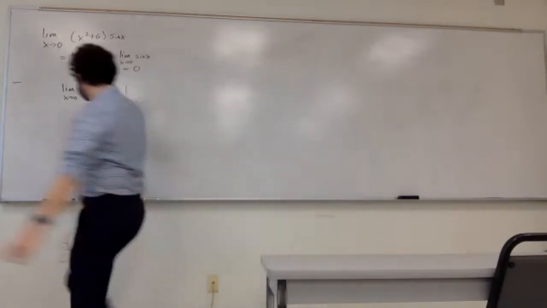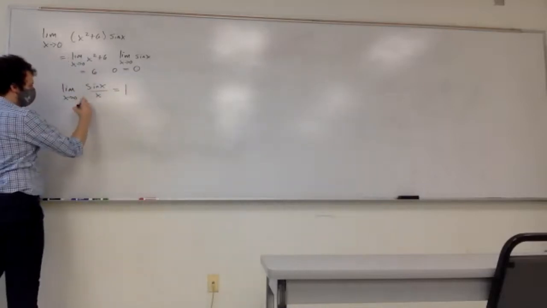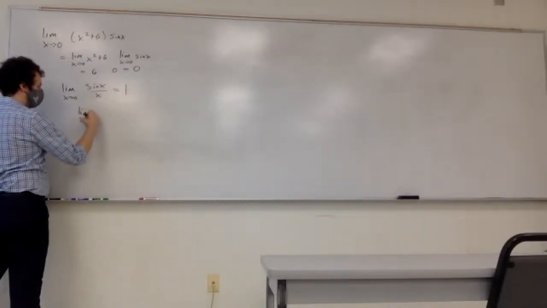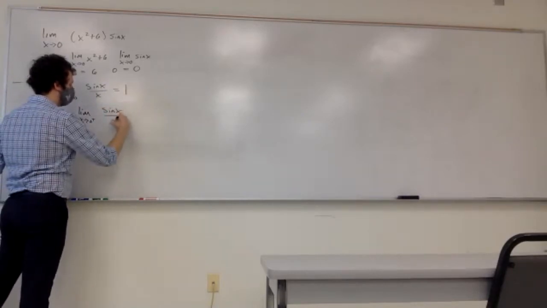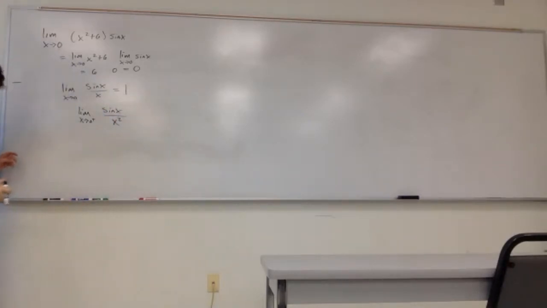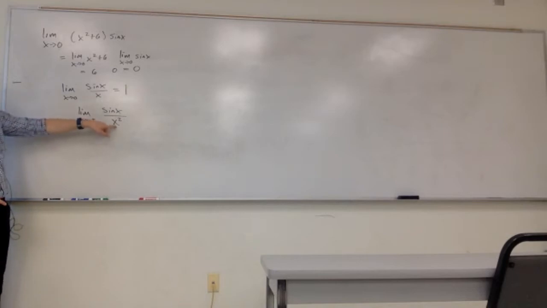So for instance, that would be something like the limit as x goes to 0 from the right of sine x over x squared. This is an indeterminate form. If you put in 0, you get 0 over 0. But looking at this, we can say there are 2 factors of x on the bottom.